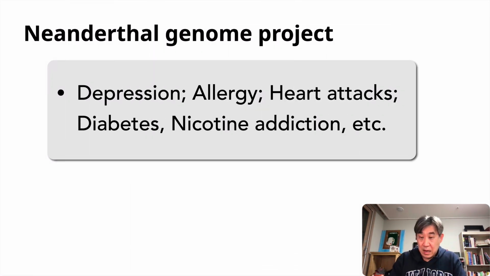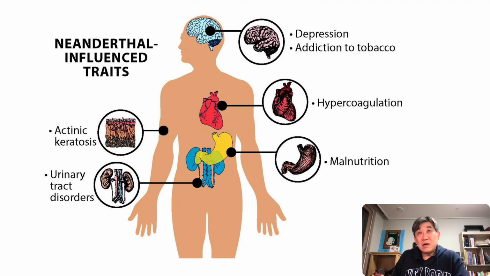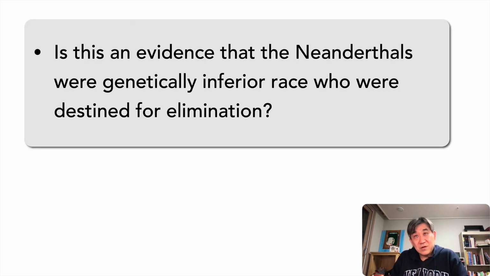So many turned out to be originated from Neanderthals. What is this? Why did our ancestors make such a stupid mistake to have such interbreeding, so that we have this legacy of suffering?